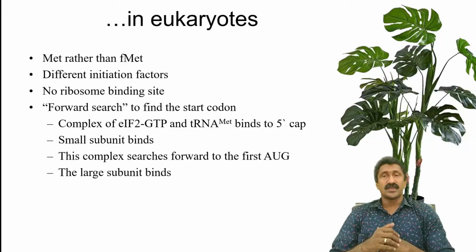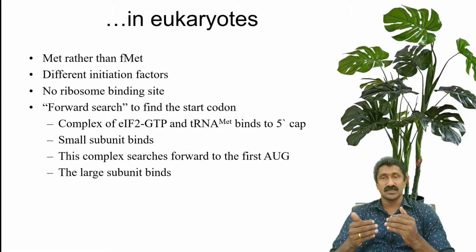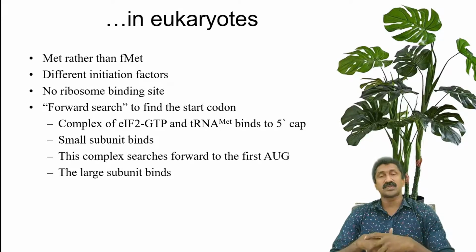Whereas in eukaryotes, such specific ribosome binding sequences, which would be complementary to the ribosomal rRNAs, are not there. So Shine-Dalgarno sequences are not present in the eukaryotic system.